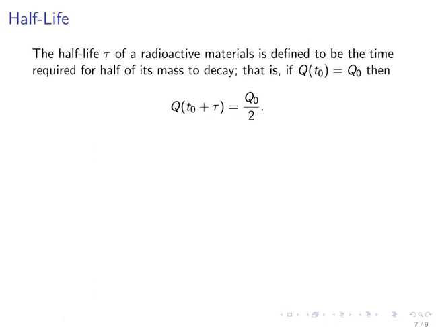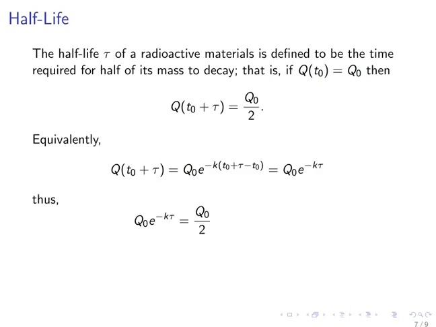So once we have an expression for q of t, evaluating that expression at this particular time, t sub 0 plus tau, leads to an expression in which we can equate q0 e to the minus k tau to that quantity q sub 0 divided by 2. And then we can solve for tau.